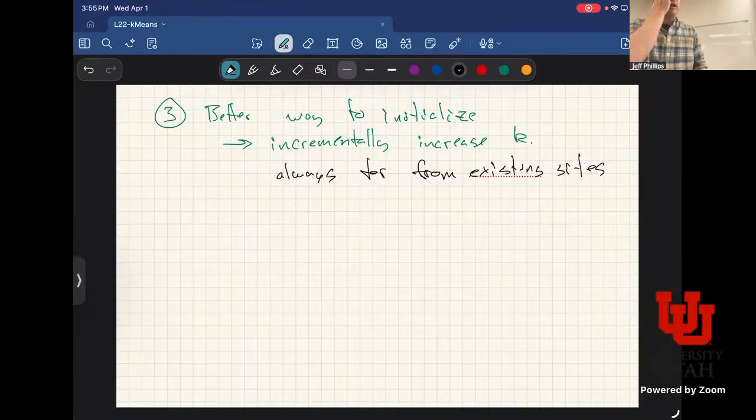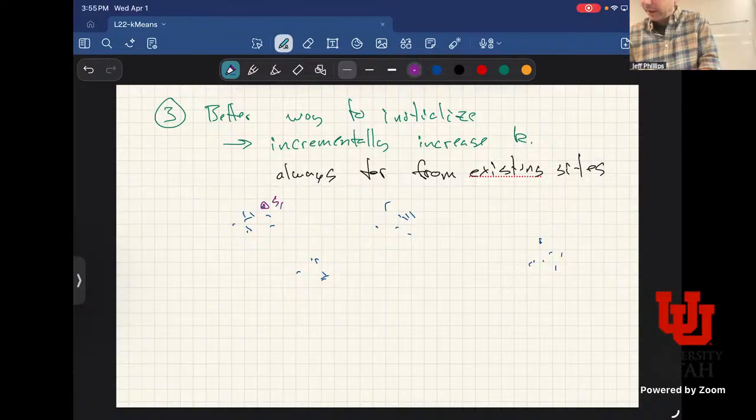The idea is if I have some data like this, and I happen to pick S1 here, and then I pick S2 here, then for S3, I don't want to pick it right next to X1. So after I picked one or two of the sites, I want to pick the next site, but knowing that I picked the first two.